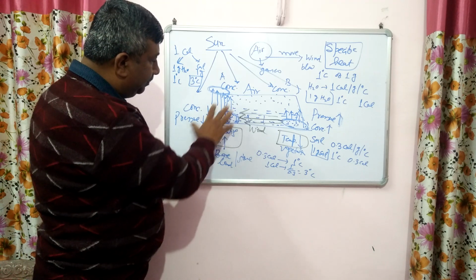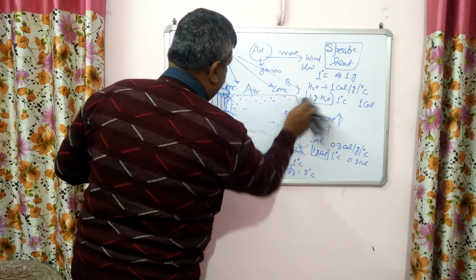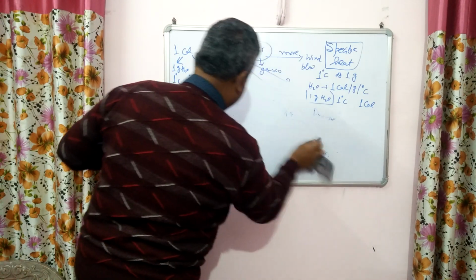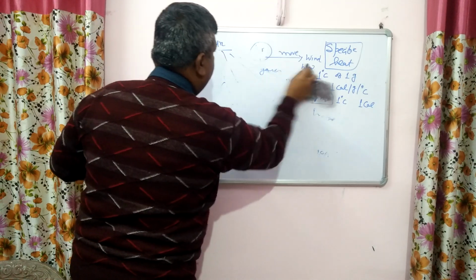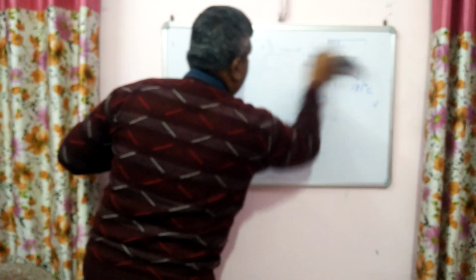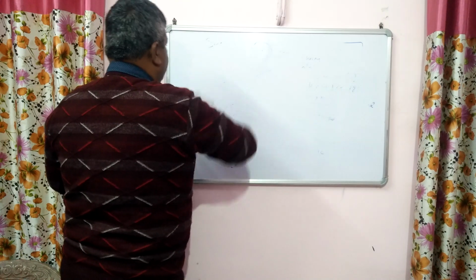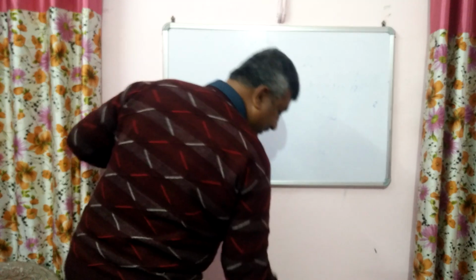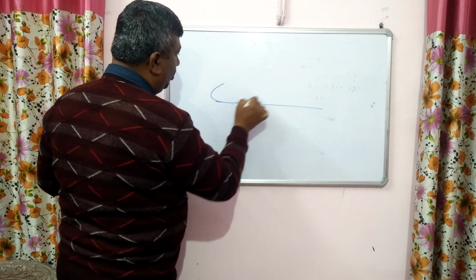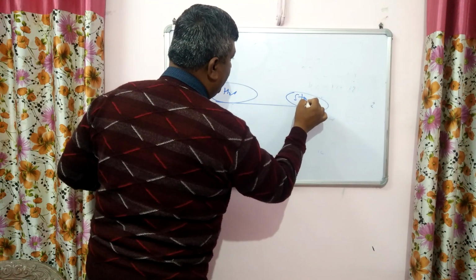So suppose in an area, land and water both are present, there is a water body. Then the water body will absorb more heat to increase its temperature. Suppose there is a water body, any water body, and there is a stone barren area.